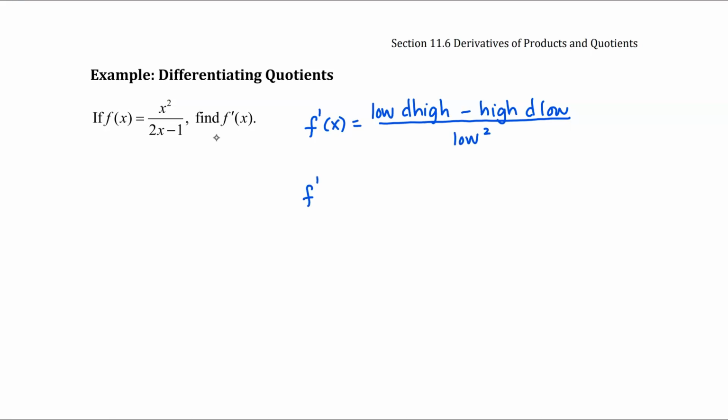So that means f prime of x using this formula means low, you copy the bottom, d high, derivative of the numerator, x squared prime, minus high, copy the numerator, d low, differentiate the denominator, 2x minus 1, divided by low squared.